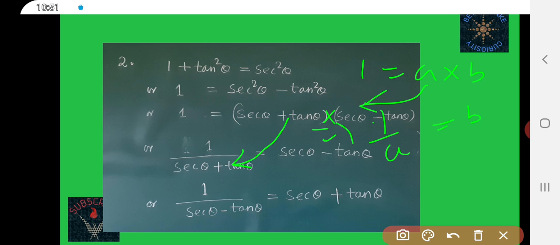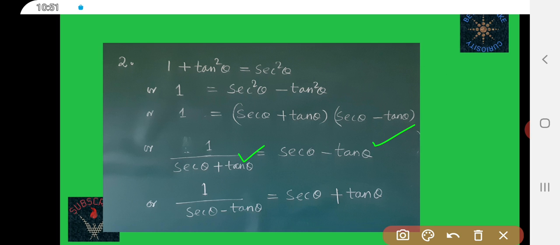This will come to the left side, then it will be divided. So 1 by sec theta plus tan theta is equal to sec theta minus tan theta.